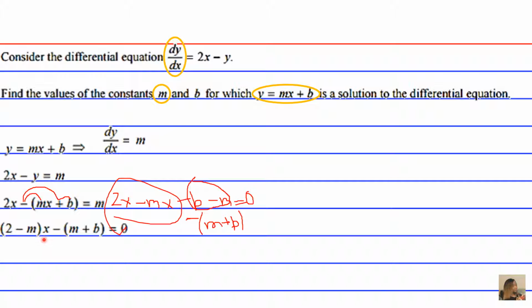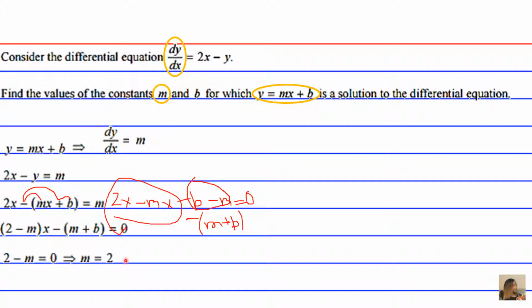It's not comfortable for a lot of individuals, but just trust me on this one. If you are to encounter this type of situation on your exam, this is something that you can do, and it would be a legit step, okay? So we're just going to focus on this portion for right now. So if 2 minus m is equivalent to 0, that means m is equivalent to 2, okay?